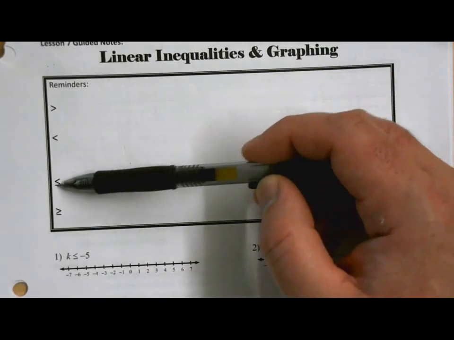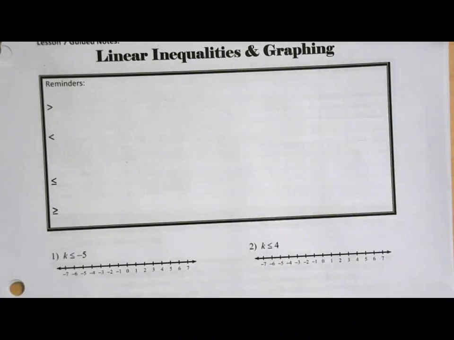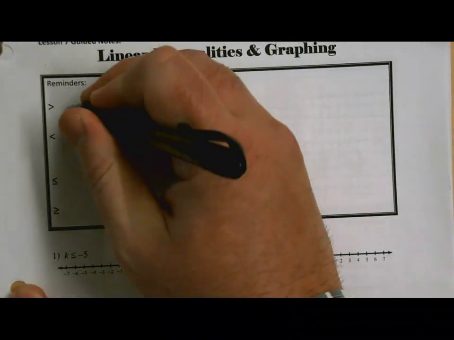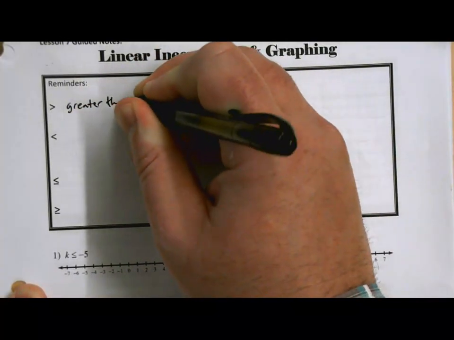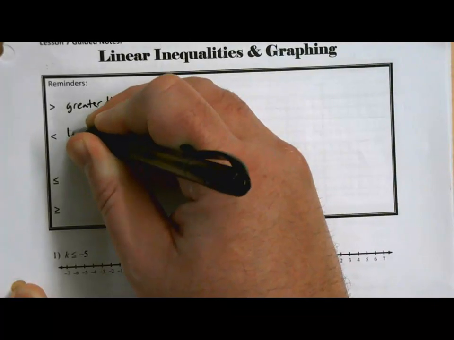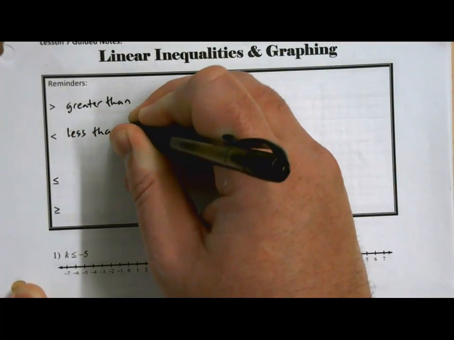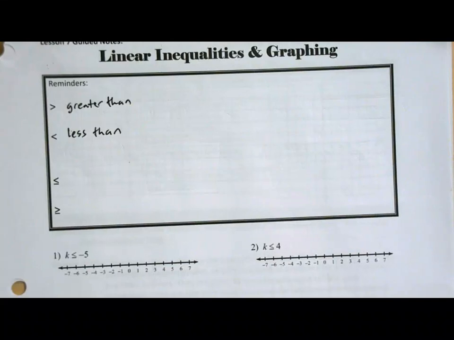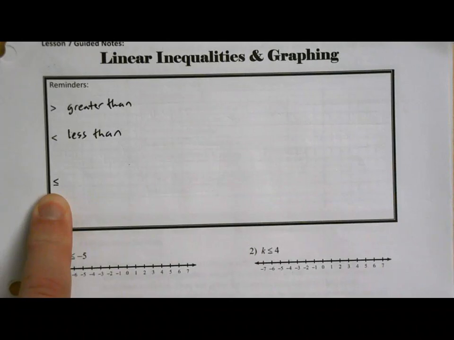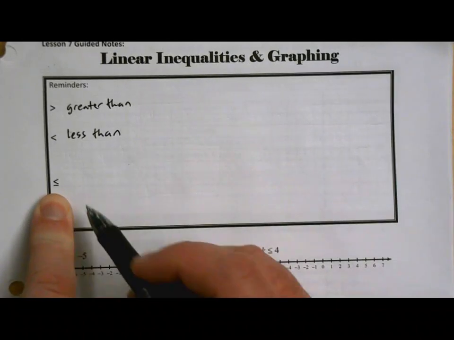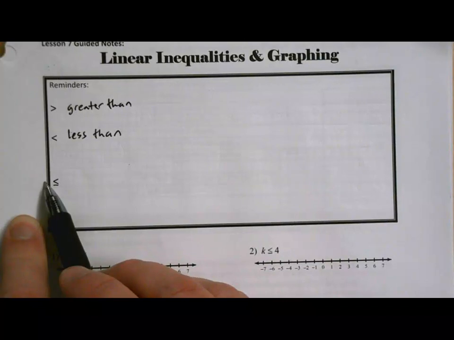Yeah, this little line underneath means it can also be equal to. So this would be greater than, and this is less than. What's this next one? Is that less than or greater than? The thing on the left would be the bigger thing or the smaller thing?